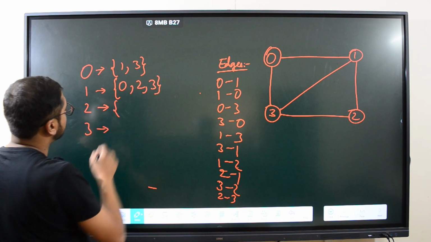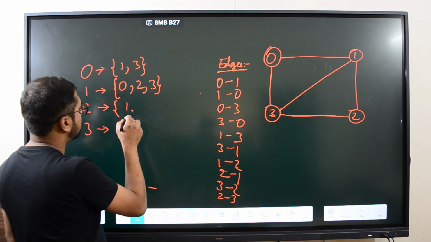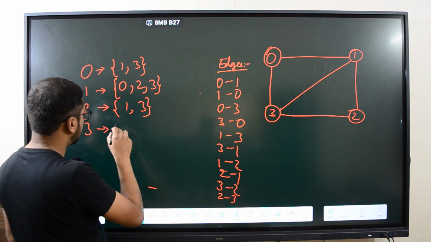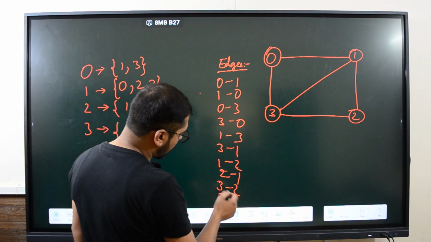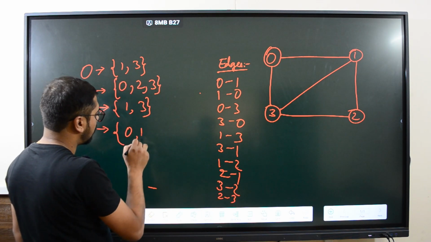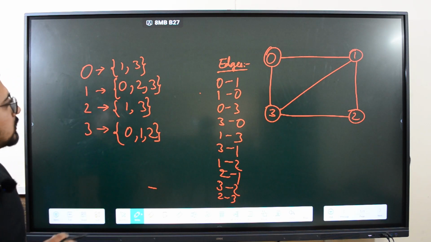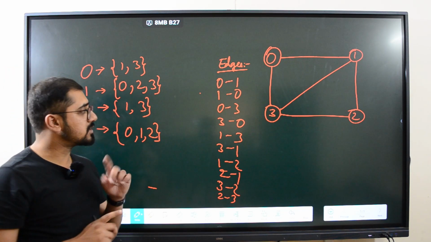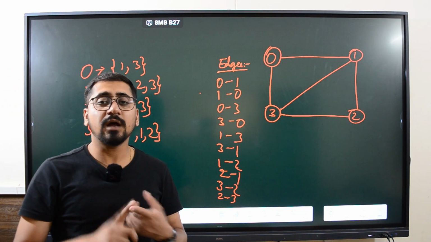If I look at node 2, from 2 we have 1 and 3 here, so 1 and 3 done. And similarly from 3, we have 0, 1 and 2, so 0, 1 and 2. Done. This was simple, right? Implementation of graph using adjacency list in case of directed and undirected graph.